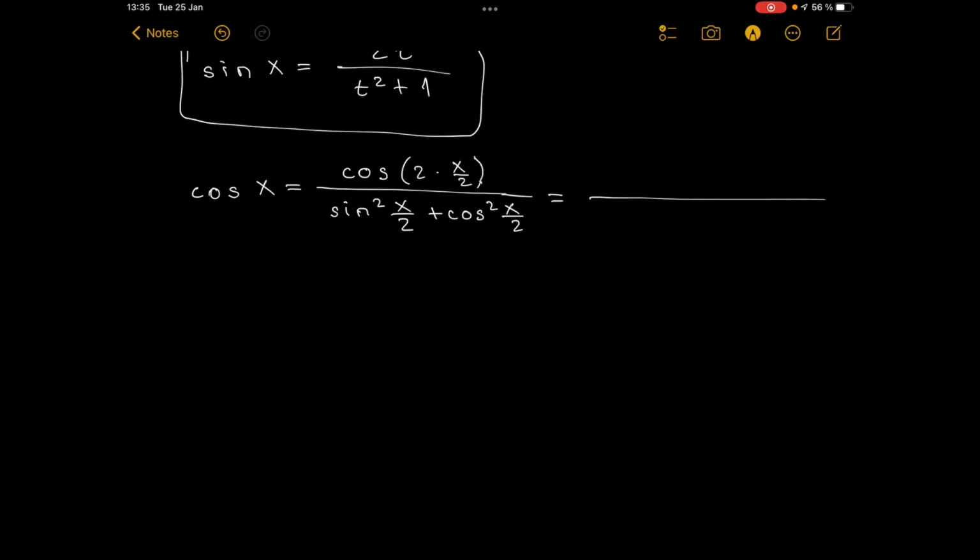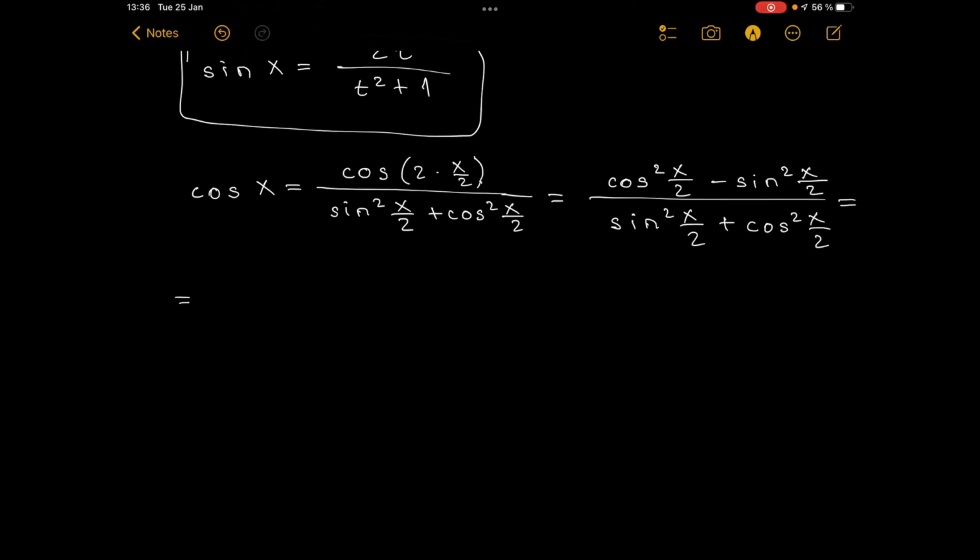Or when using the double angle formula for cosine, we'll get in our numerator cosine squared of x over 2 minus sine squared of x over 2 over the same thing as in our previous step, sine squared of x over 2 plus cosine squared of x over 2.